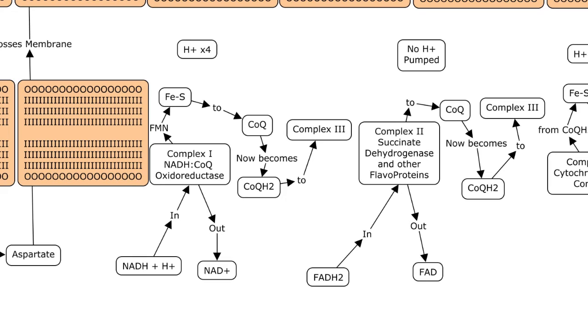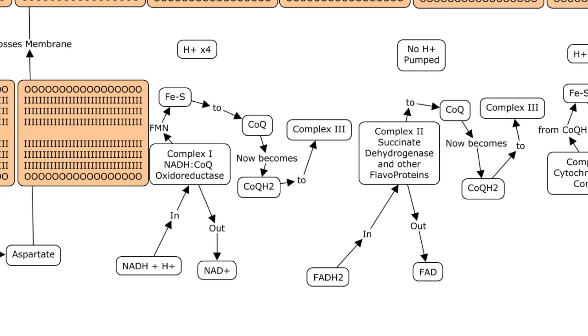Your NADH is going to drop its electrons off at complex 1, which is NADH CoQ oxidoreductase. It's going to drop them off at the FMN, which is the flavin mononucleotide, which is then going to pass them off to the FeS center binding protein. I like to think of these FeS centers as like bus stops, because the bus, coenzyme Q, is going to pick them up and be reduced to CoQH2.